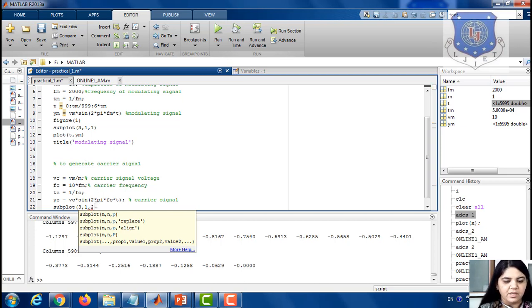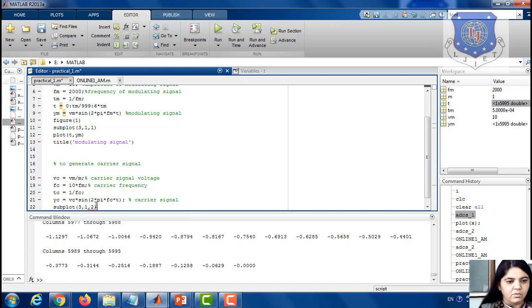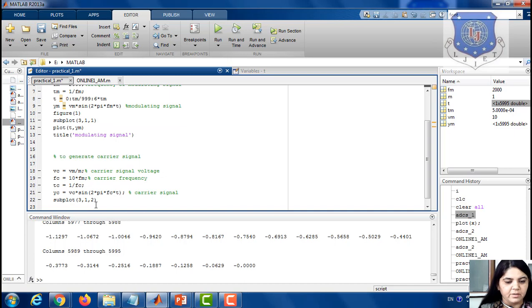So now the second figure that I am plotting over here, I am writing plot T comma Y C. If you need a grid, okay, and again I am writing the title over here.